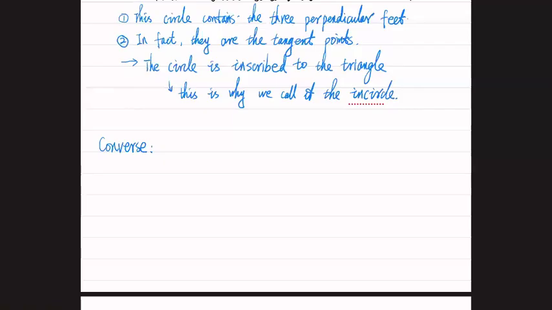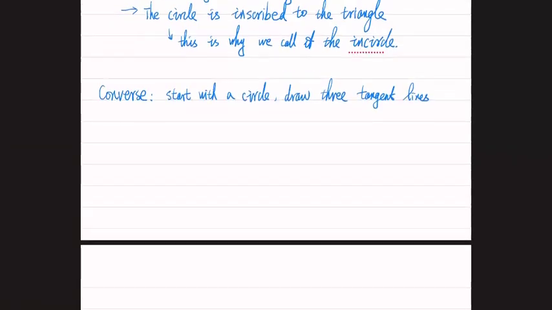We start with a circle and draw three tangent lines.